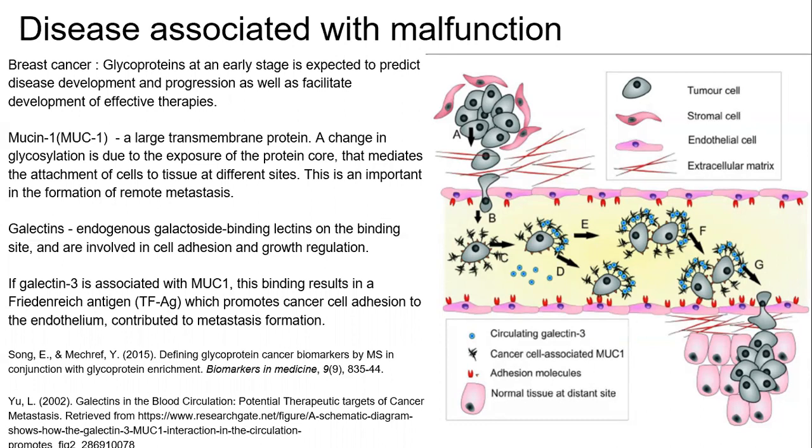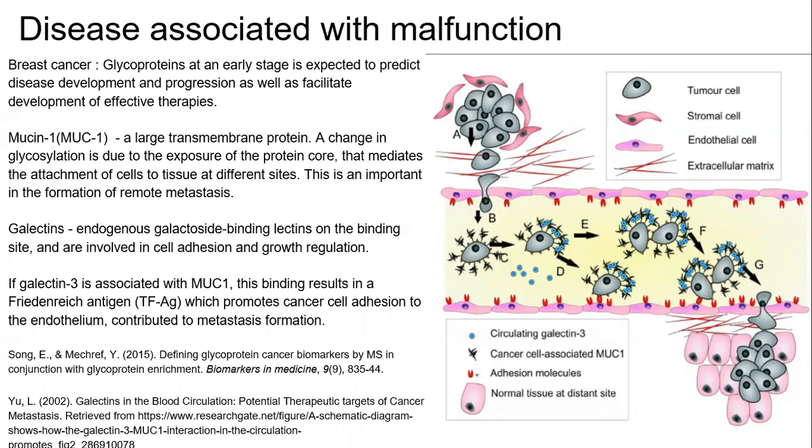So the diagram shown here is showing how the galectin 3 and the mucin 1 interact, and together they promote cancer cell to cell and cancer cell endothelial adhesion and metastasis.